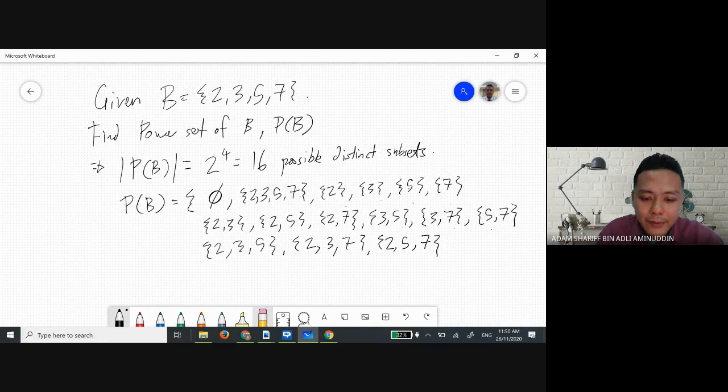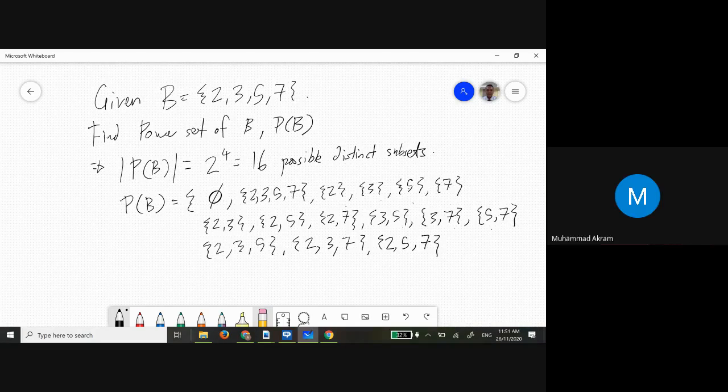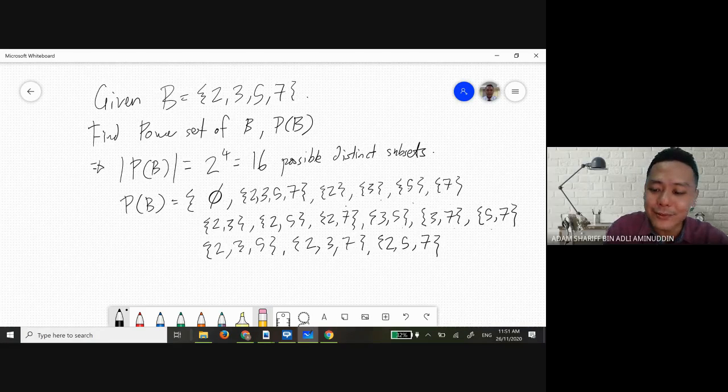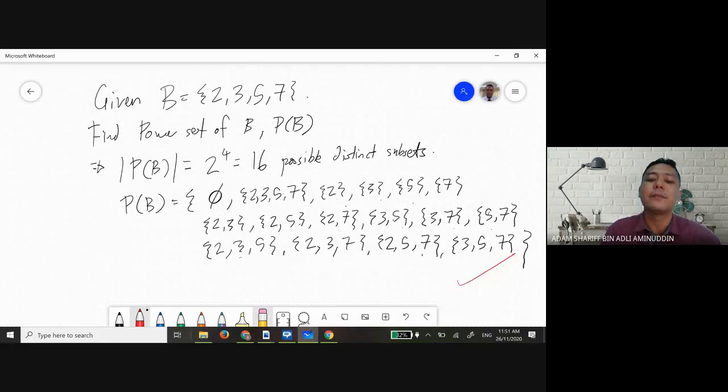Saya ada satu lagi, 3, 5, 7. Thank you, Muslim. Tutup kurungan besar. 1, 2, 3, 4, 5, 6, 7, 8, 9, 10, 11, 12, 13, 14, 15, 16. Make sure it's not repeated, then I finish.